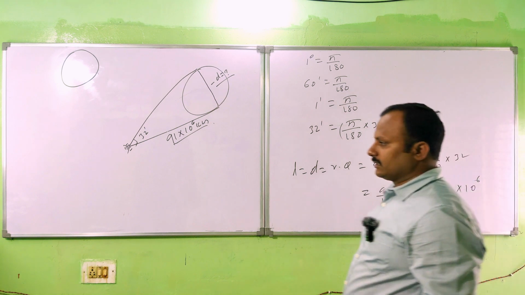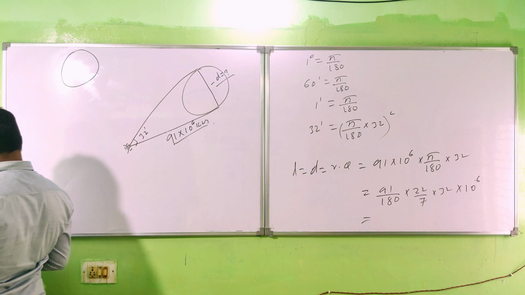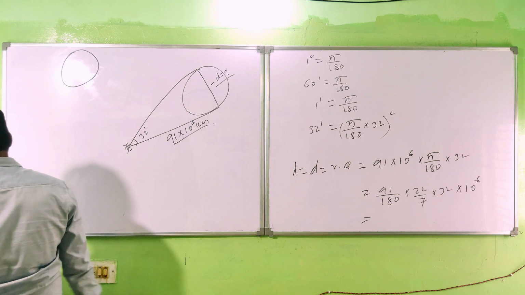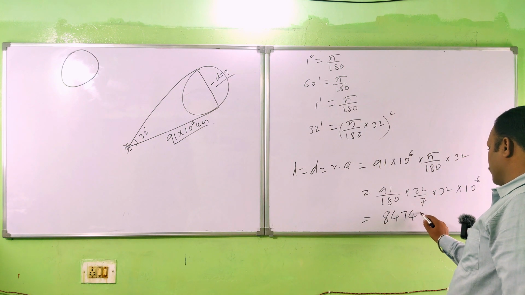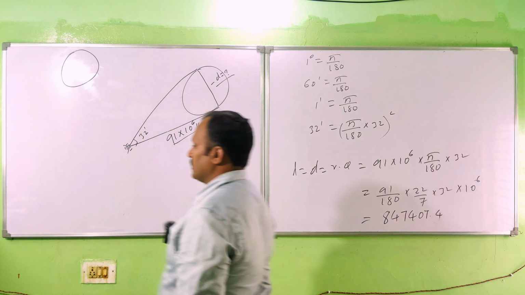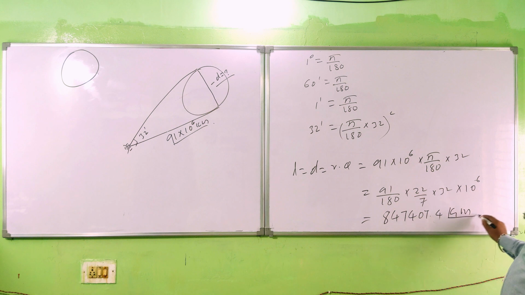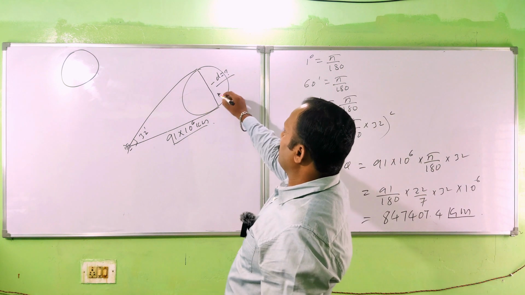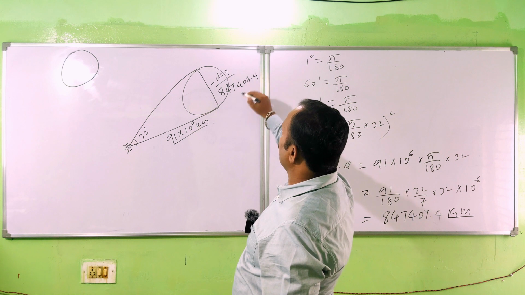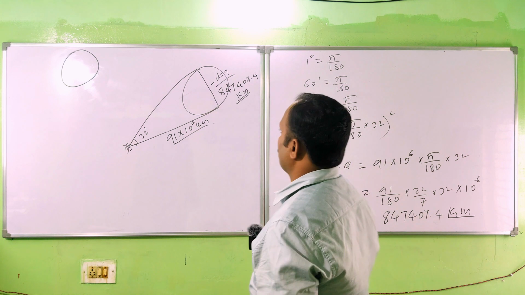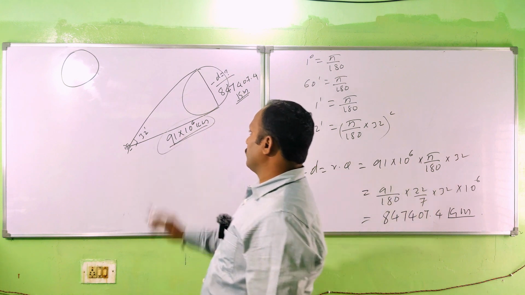Using the calculator, the accurate value is 847,407.4 kilometers, for 32 minutes and 91 into 10 to the power 6 kilometers.